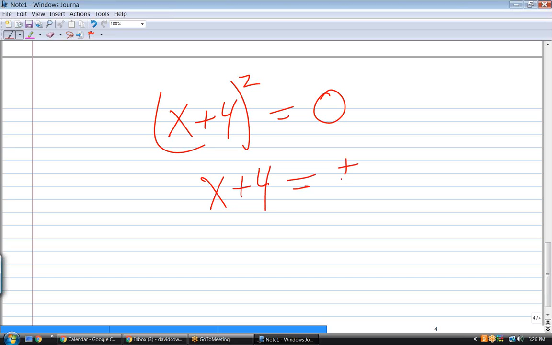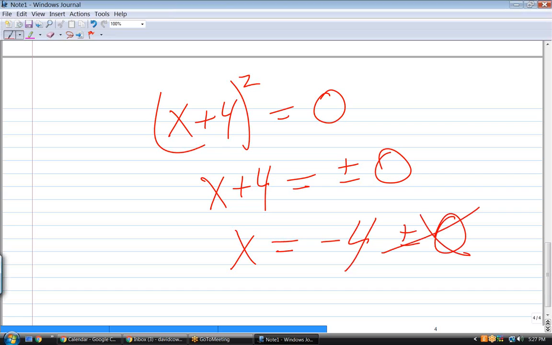We'll even say that that's equal to plus or minus 0. Well, subtracting 4 from both sides, you get -4 plus or minus 0. You can forget that. So in this case, we got only one answer. But you'll learn in pre-calc that we got one answer with a multiplicity of 2.